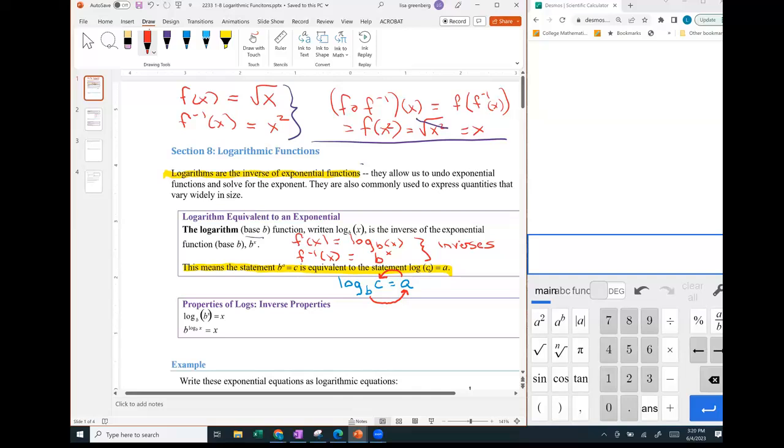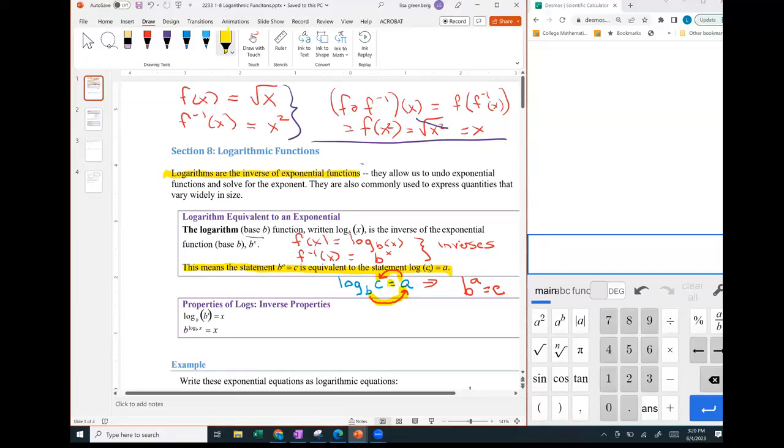You can kind of see we're going around. This is equivalent to b to the a equals c. So I go in this order: b to the power of a is equal to c.